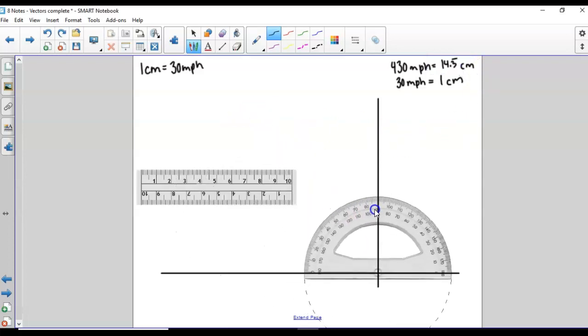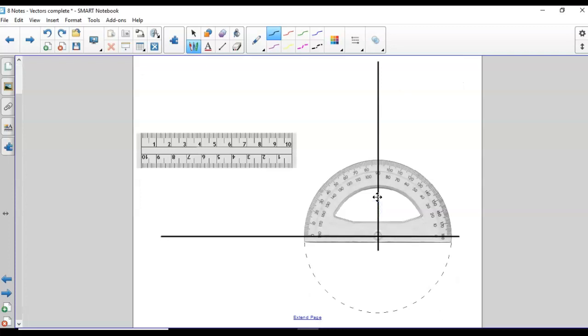So if I'm going to do this, the first vector that we have is in a direction 20 degrees north of west. So north of west, 20 degrees, I would take my protractor, I would put it right here. This is the direction that I should be going.